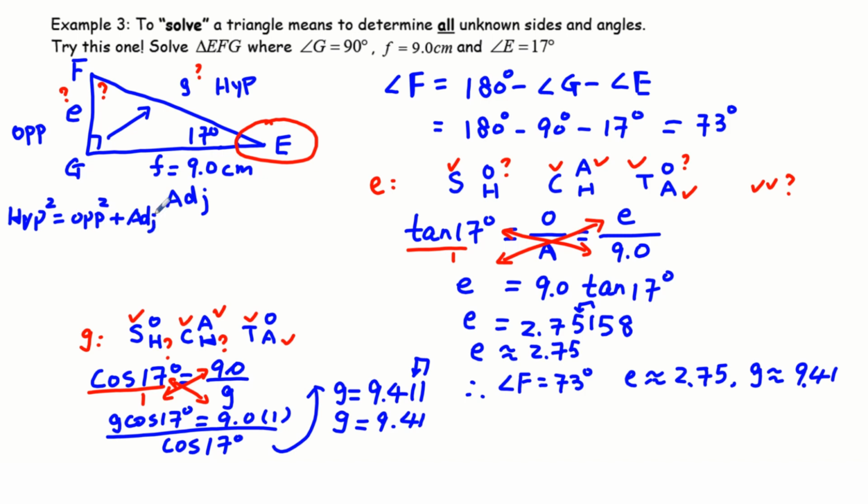Then the opposite side is 2.75 squared, and the given adjacent side is 9.0 squared. Then you square root these, and you will have hypotenuse G equals the square root of this. Use your calculator and you will find it is 9.411. Then it's done.